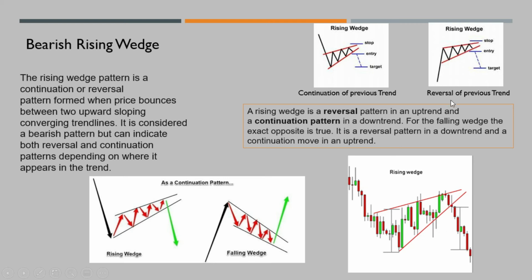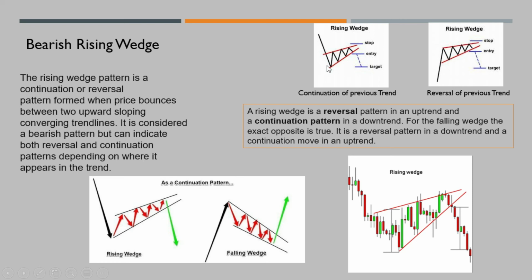So I just want to reiterate it one more time. The reversal of the previous trend, right? If we have an uptrend and we see a rising wedge in an uptrend, that signals a reversal. If we have a downtrend and we see a rising wedge, that's a continuation of the previous trend, which is the downtrend, right?